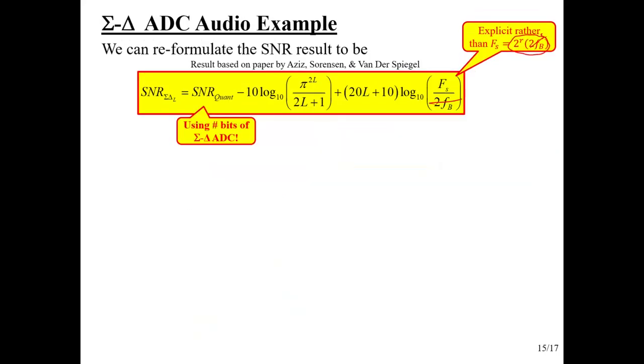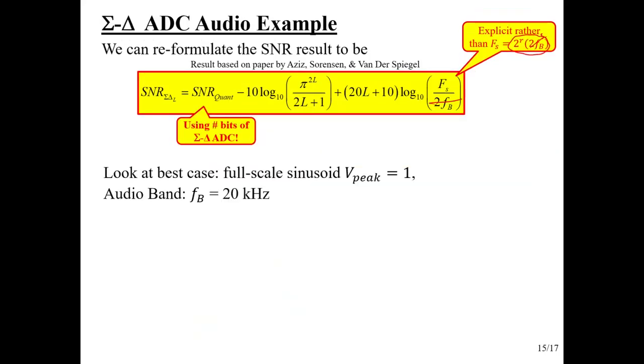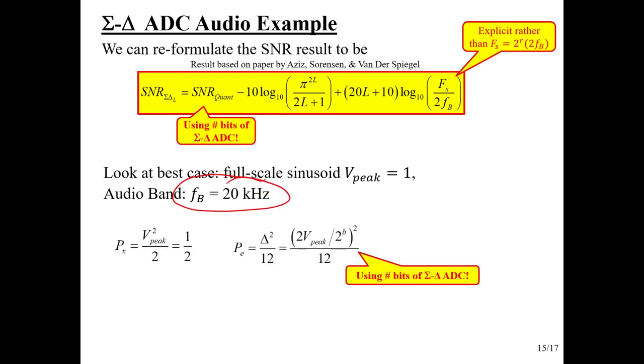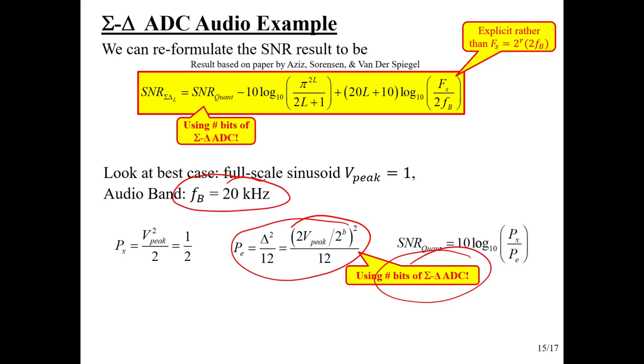Okay, so now let's look at our best case scenario, a full scale sinusoid, and let's assume that our audio band goes out to 20 kilohertz. So we can figure out what our power level is using the number of bits of whatever the A to D converter is inside the sigma delta.